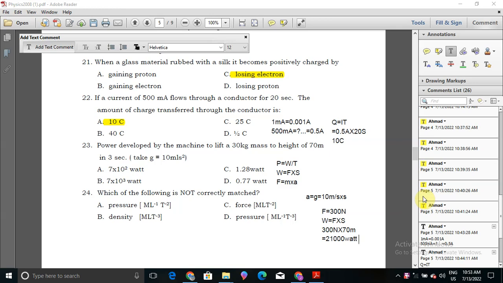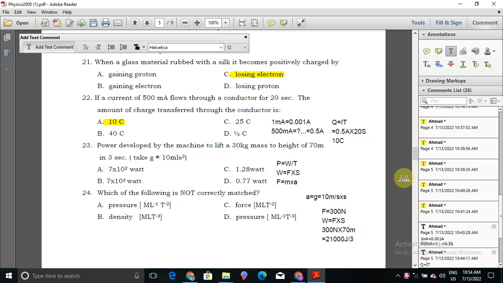But before writing, what is the unit for work? It is joule, right? Joule. Now we are going to find power, which is work over time. So that means 21,000 joule over what we have in time, 3 seconds, right? 3 seconds. So that means it will be over 3.